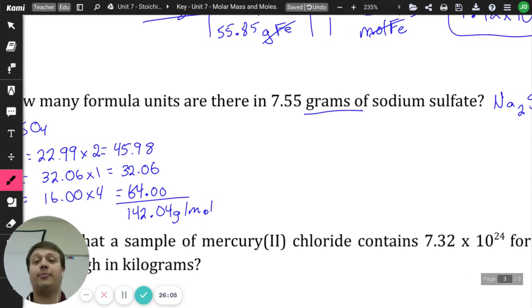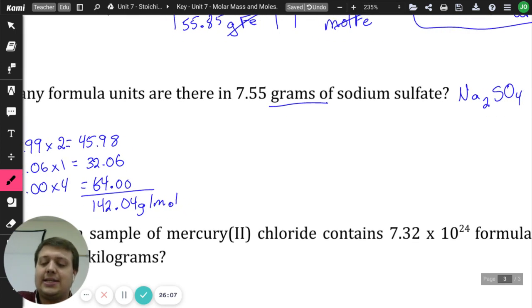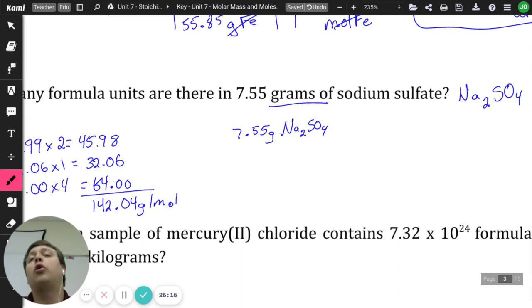So now let's actually solve my problem. So the question says I've got 7.55 grams of sodium sulfate. So how many formula units is that? So remember, formula units is just a fancy word for how many particles I have for sodium sulfate.